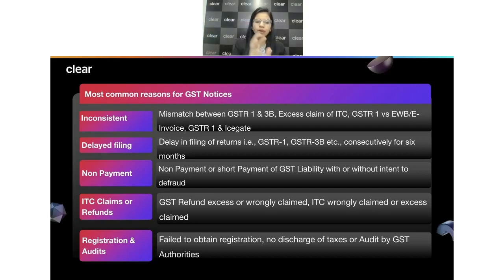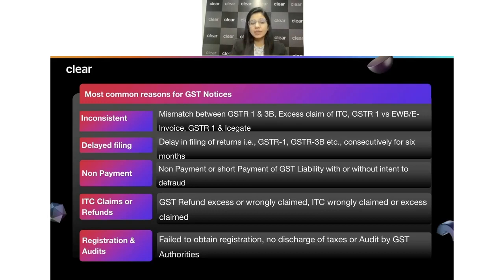A few examples: whenever they see a mismatch between your GST 1 and GST 3B, they will raise a notice. Whenever they see discrepancies between the ITC appearing in 2B and what is actually claimed in your GST 3B, they will raise a notice.